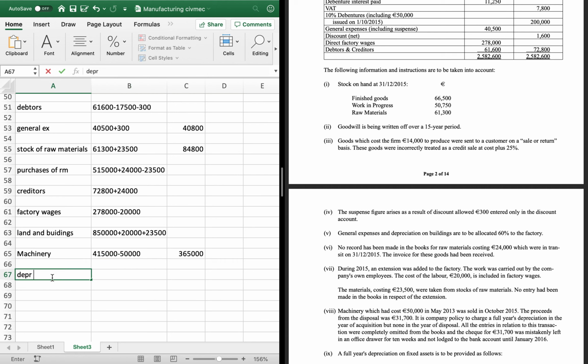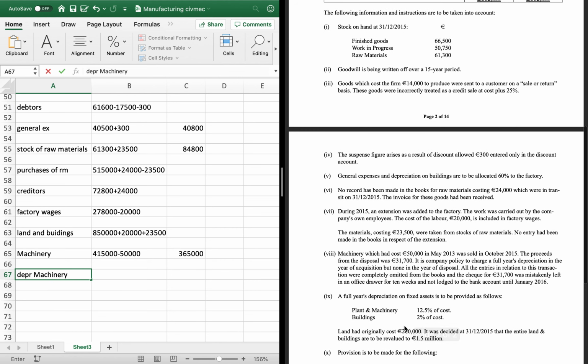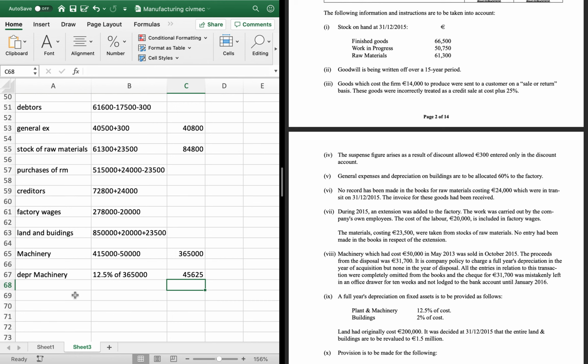So the depreciation of machinery, which we go down and check, is 12.5% of 365,000 for a full year, because you're not depreciating your machines in the year that you sold them. So therefore you assume you had this 365 for a full year. Don't worry about the one that you sold. So it's 12.5% of 365, which is 45,625.